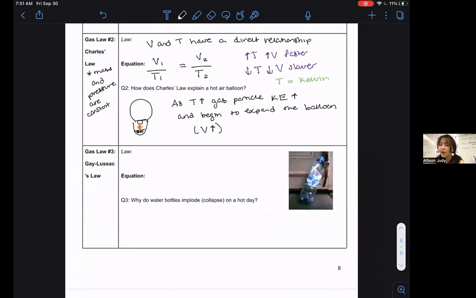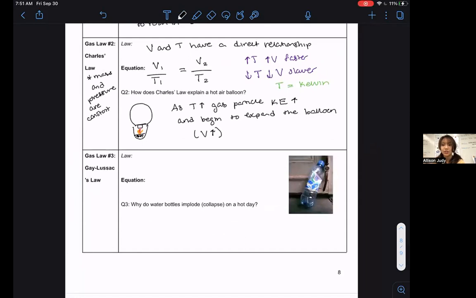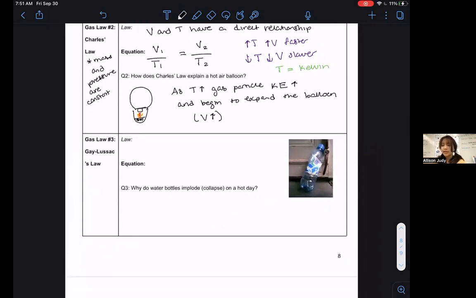So the third and final isolated relationship between two of the four variables is known as Gay-Lussac's law. Gay-Lussac is actually named after the two scientists who discovered it. Gay, which by the way meant merry back in the day, meant happy, and Lussac, and I believe they were both French.